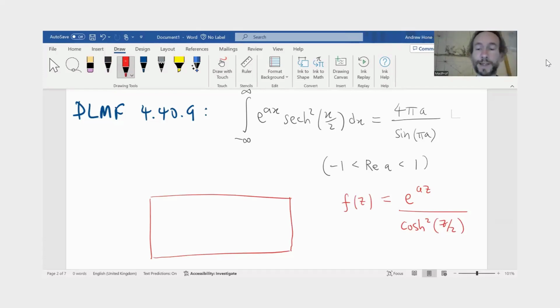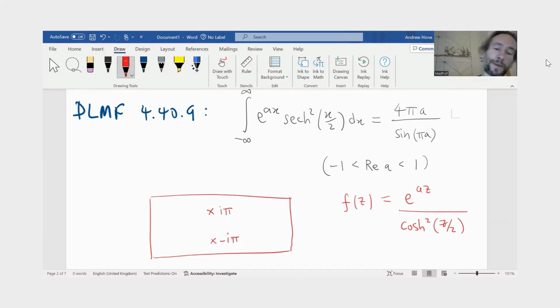So if we take z to be i pi or z to be minus i pi, then this function is going to have poles at those points. Okay, so these 2 points that I'm marking with a cross are where this function is going to have poles, in fact, double poles.